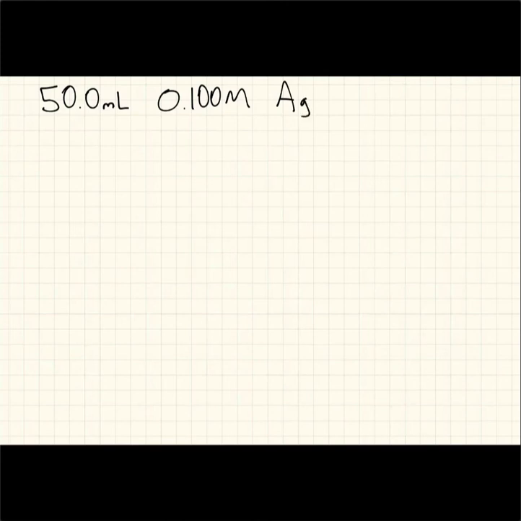So that's AgNO3. Okay, so we've got some aqueous silver nitrate, and we've got 50 milliliters of it. We're going to react that with another 50 milliliters of a different solution. So it's going to be also 0.1 molar, but it's going to be hydrochloric acid, so some HCl.